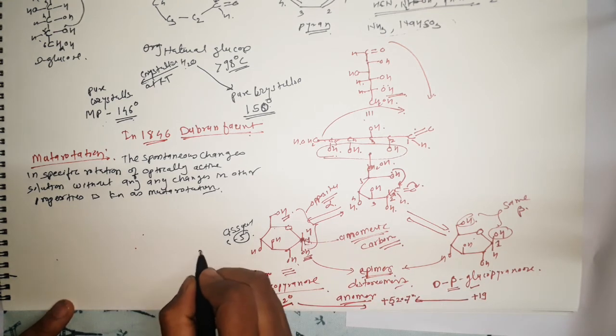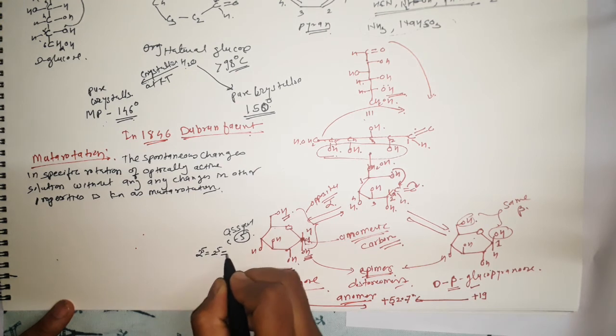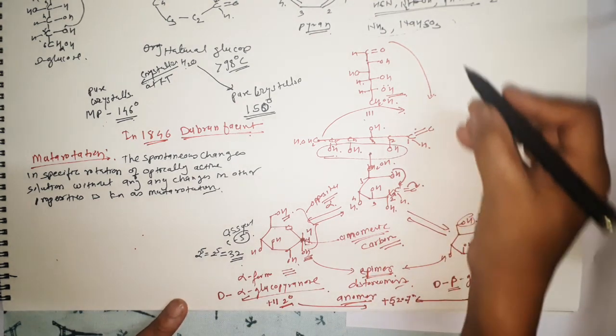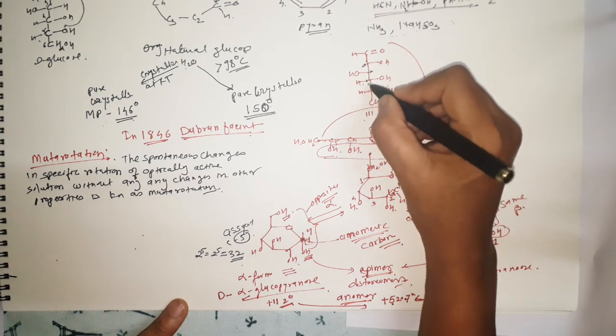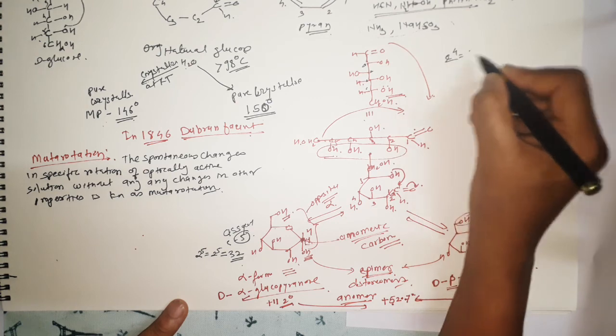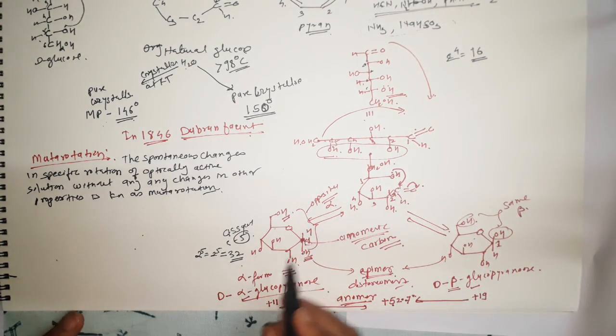By the van't Hoff formula, 2 raised to the 5 gives 32 optical isomers. How many optical isomers in the open chain formula? Because it has 4 asymmetric carbon atoms, 2 raised to the power 4 is 16, but in cyclic form it shows 32 optical isomers.